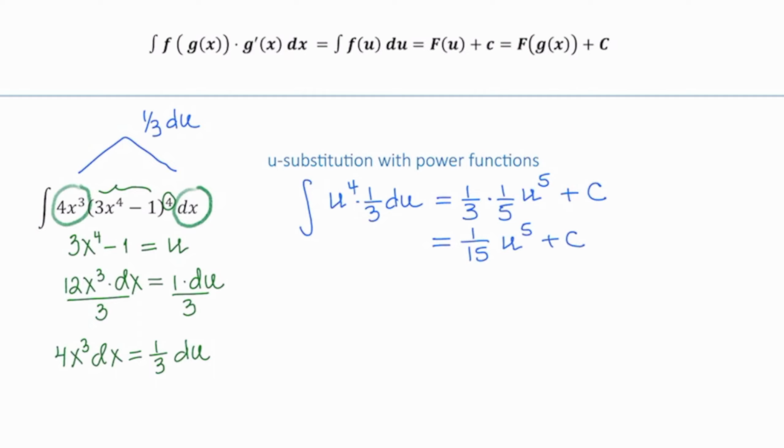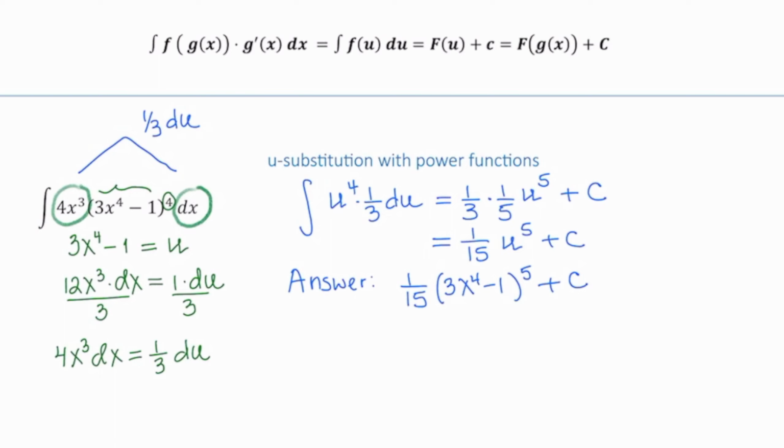And then the last step is to convert everything back to the original variable. So what is our answer here? It's going to be 1/15 times 3x to the fourth minus 1, and then we raise that to the fifth power plus c.